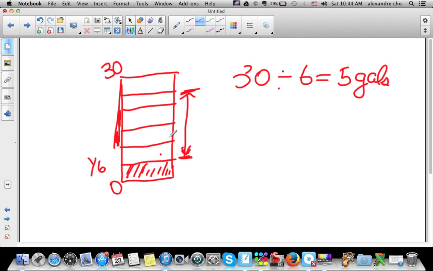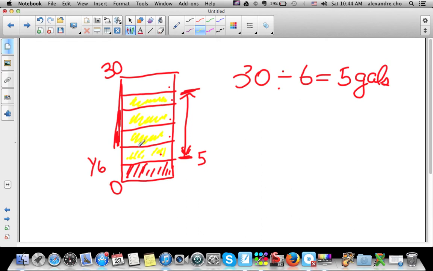This is also 5, this one is 5, 5, and 5. I know that we currently have 5 gallons in here, and let me change colors to yellow. I want to add 5, another 5, another 5, and another 5.